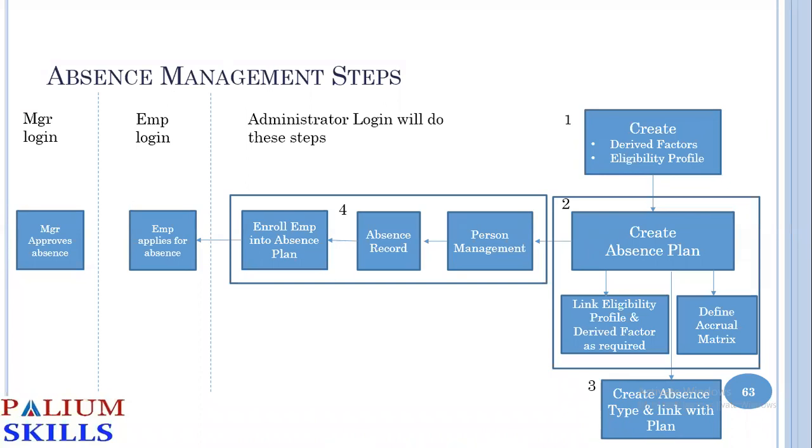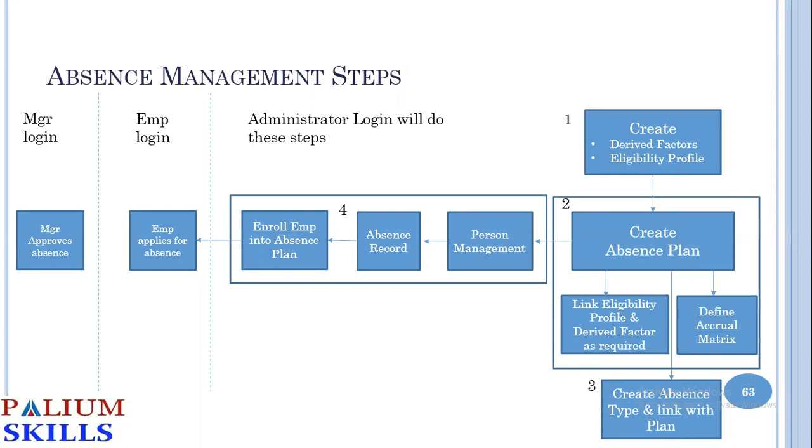Kritika and Amba, don't give up. No, sir. I've got it that we have to create plan first and then type, and then we have to link that plan to type, right? Yes. And then we have to assign it to the user. Correct.